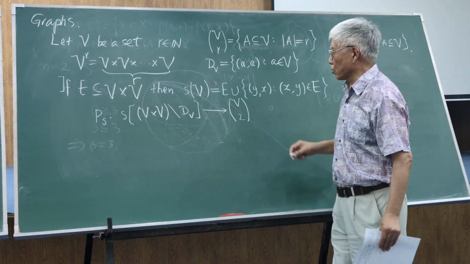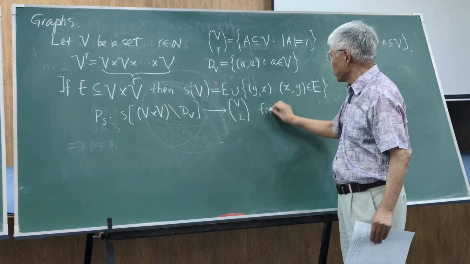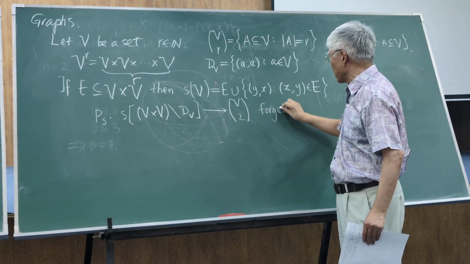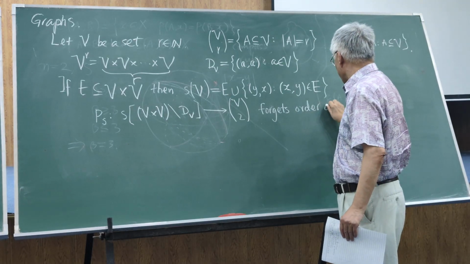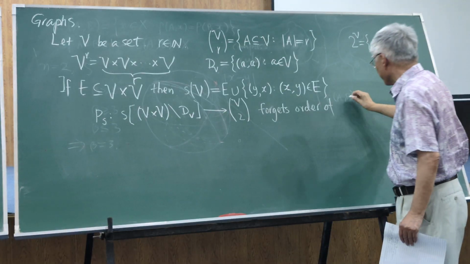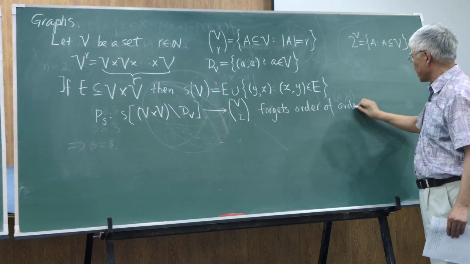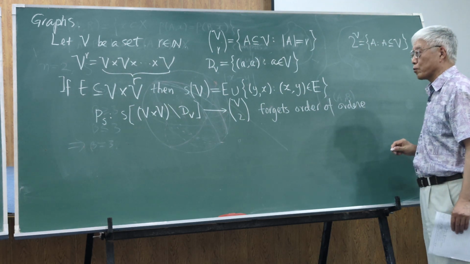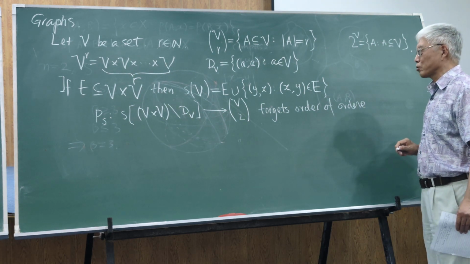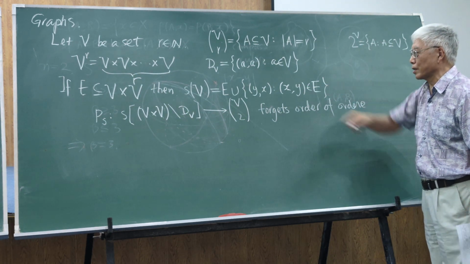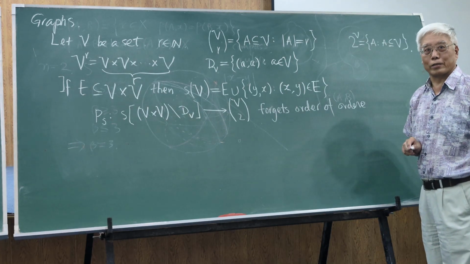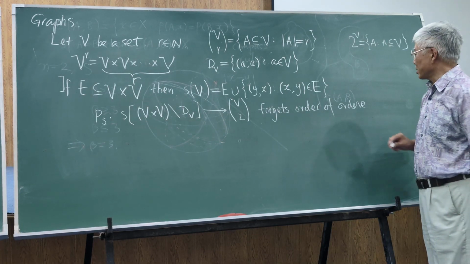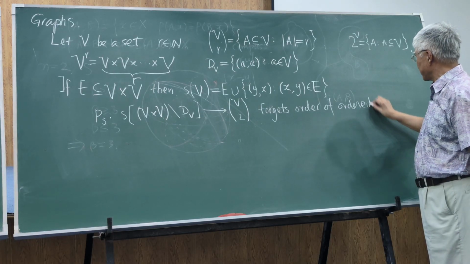This mapping forgets order. We usually say, using Professor McLean's words, it forgets order of ordered k-tuples. So ordered pairs are mapped to subsets of cardinality two. Because we take out the diagonal as well, there cannot be anything like curly bracket A A, or just curly bracket A.